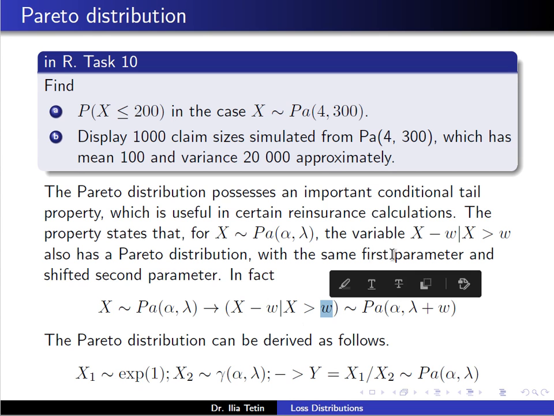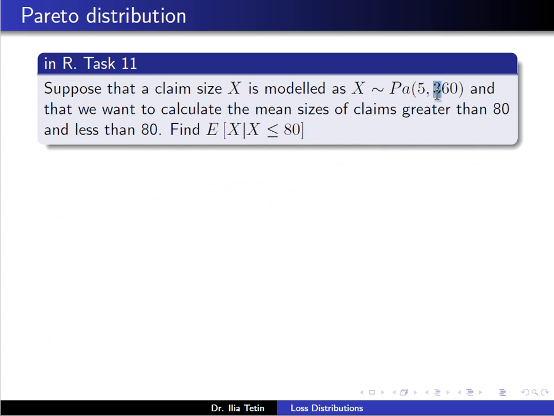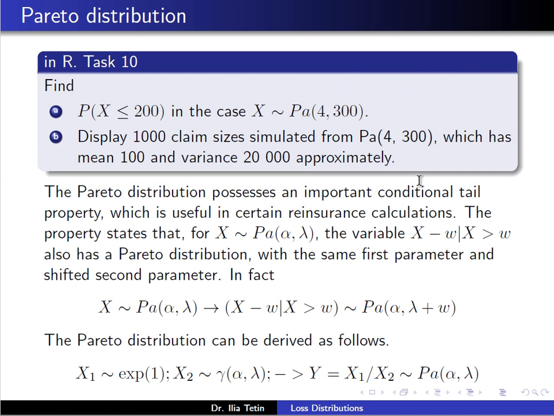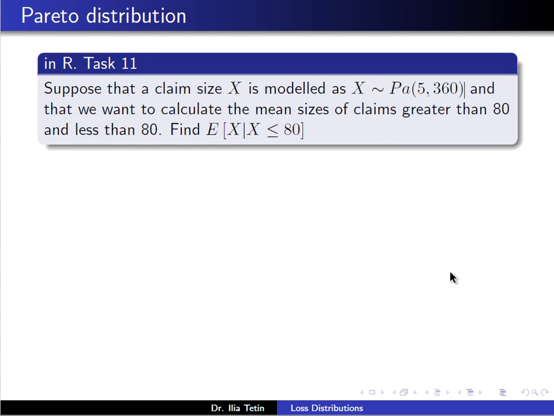So this 80 will go to the shift of the second parameter. What parameter do we have here? We have the parameter 360. So 360 will be shifted with this 80, and instead of 360 we will obtain 440, which is exactly 360 plus 80. Okay. So we are using this property to understand what the new Pareto distributed random variable will be given that conditional probability.